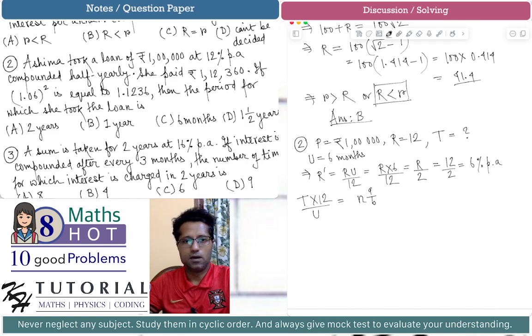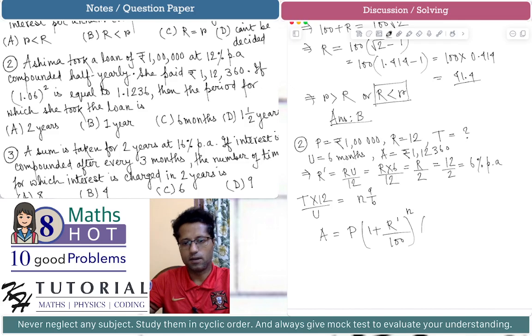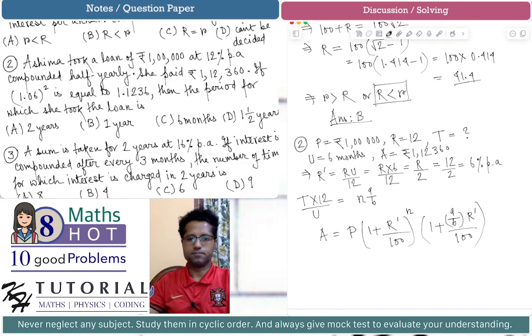Okay, now the amount is also given to be rupees 1,12,360. So the general formula is amount is equal to P into 1 plus R dash by 100 whole to the power small n, multiplied by 1 plus the fraction a by b multiplied by R dash divided by 100.